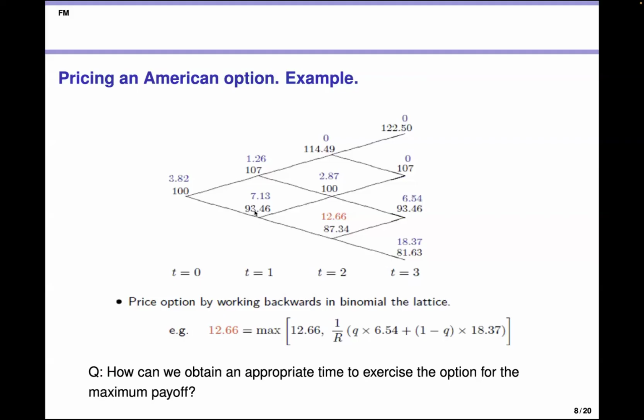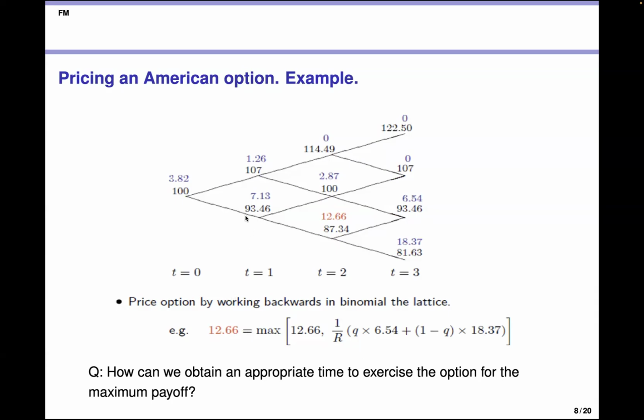T equals 1. If we are at this point in the down scenario, we need to stop. Understand? So we take t equals 1 and we stop because of the values we got.